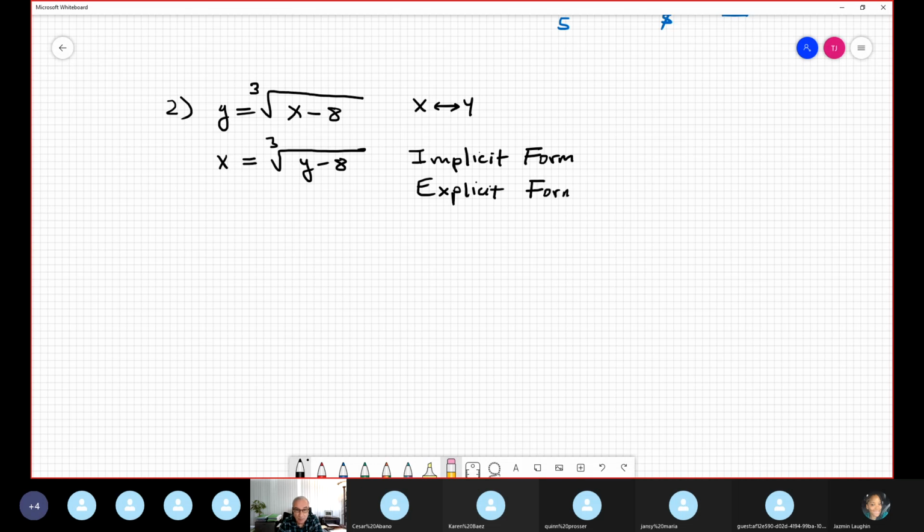Okay? Entonces, in explicit form, well, I cube both sides. We have x cubed equals y minus 8. So for y, x cubed plus 8 equals y. And this new y is the inverse function.